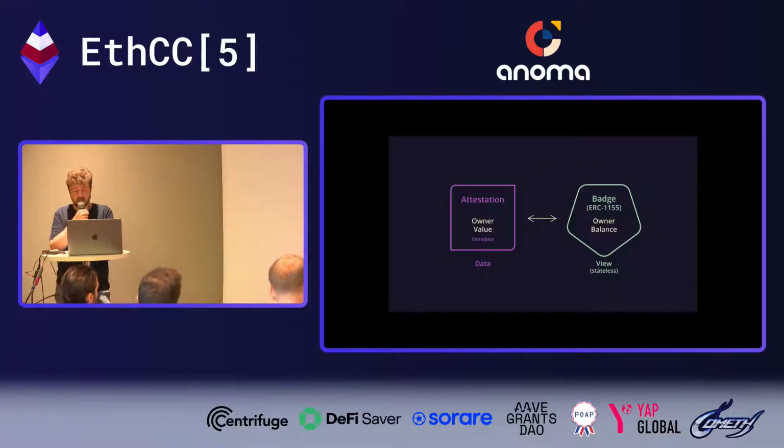The badge is a stateless contract that reads on top of the attestation registry. It reads the balance directly from the attestation registry contract. So it's stateless, and it allows compatibility with the 1155 standard. That means you will have an NFT associated with your attestations.